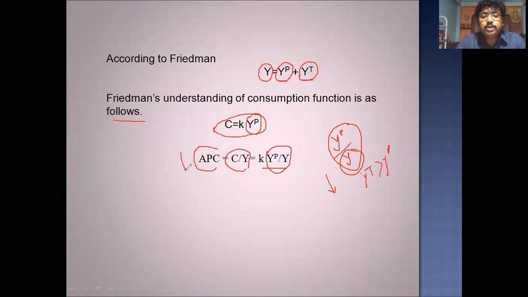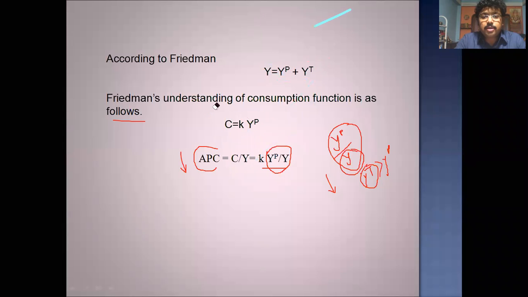Therefore, the APC will decline. But if transitory income is less than the permanent income, then APC will not decline. So whether the average propensity to consume will decline or not depends on the transitory income, as far as Friedman's understanding of the consumption function is concerned.